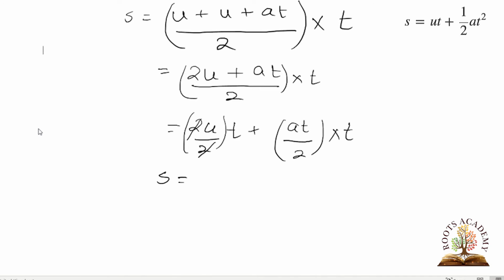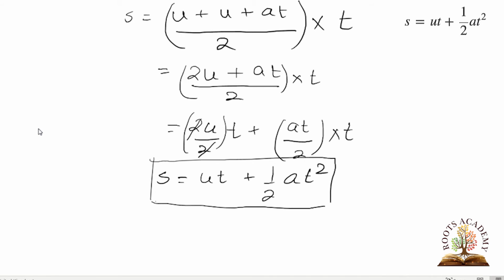The value we are going to get is ut. Now this is going to be half a, and time into time becomes t². So this is how we derive our second kinematic equation, which is s = ut + ½at². I hope everyone understood this.